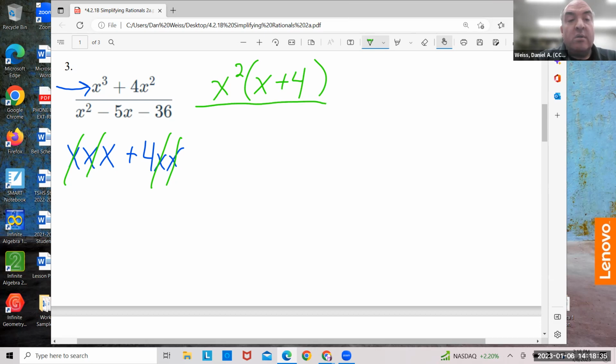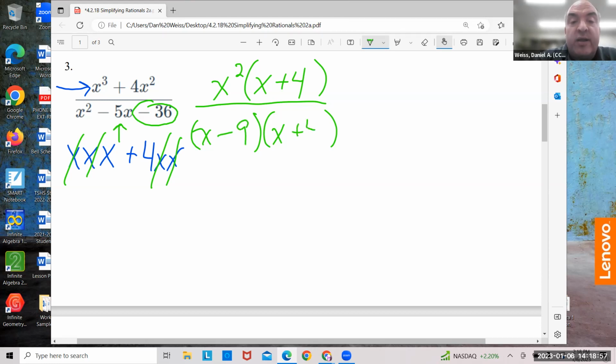over. Now I'm going to go back to what I did in the last two problems. X times x is x squared, and then what times what makes negative 36 that added together makes negative 5? That's going to be negative 9 and plus 4.